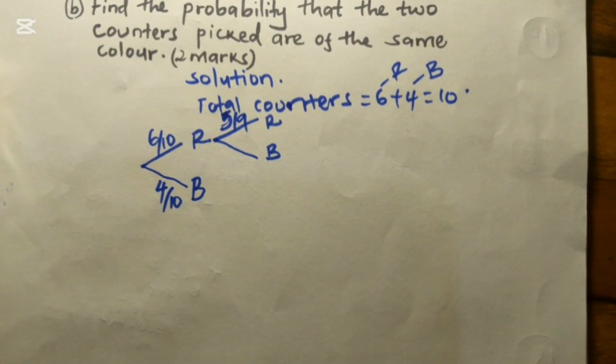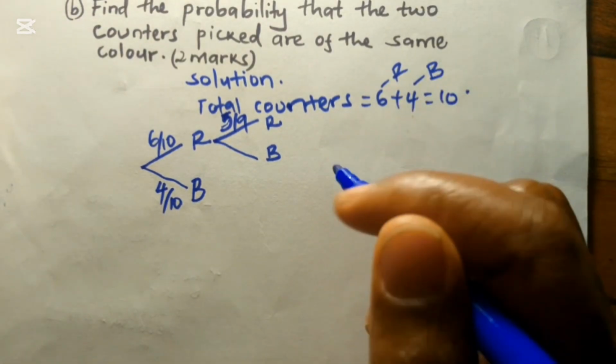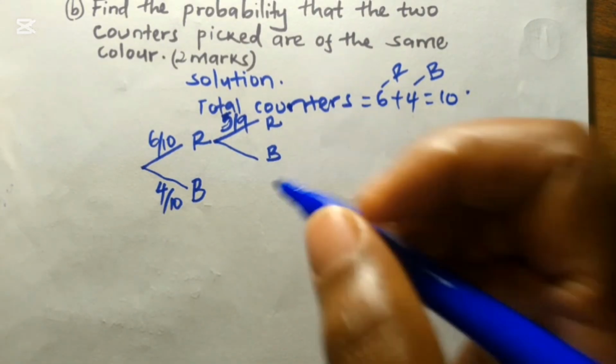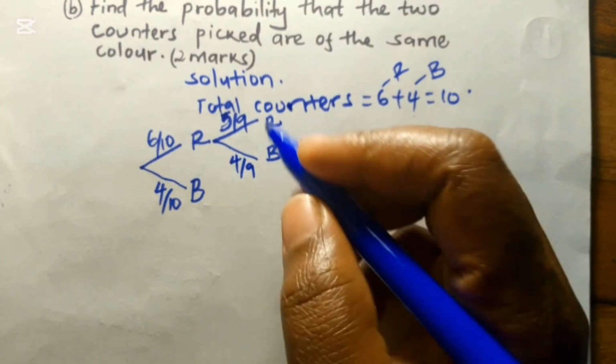So now the probability of picking a red counter in the second case is 5/9. Now a blue one is not picked, so the blues remain to be 4. So this is 4/9 again, 4/9.